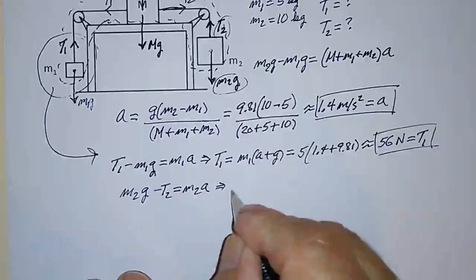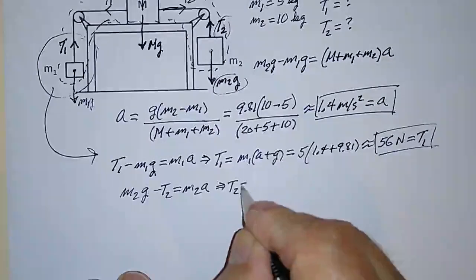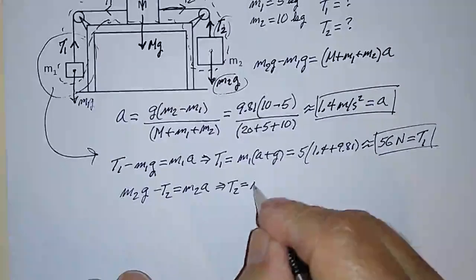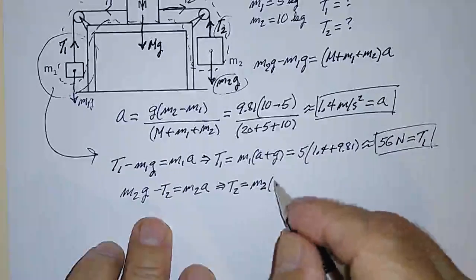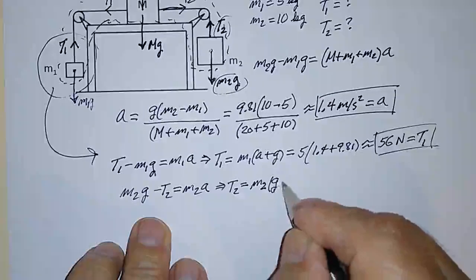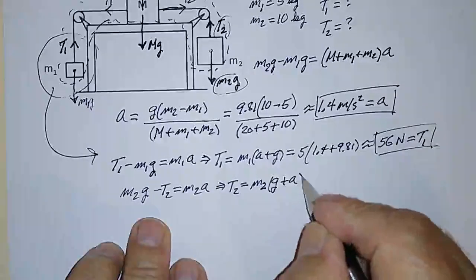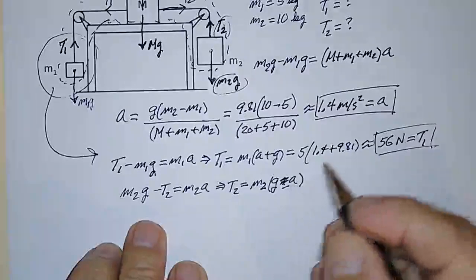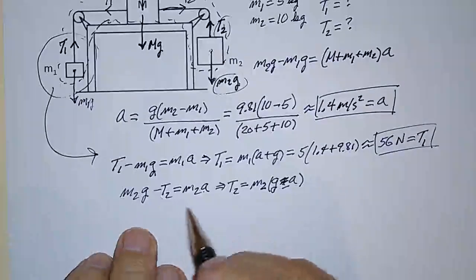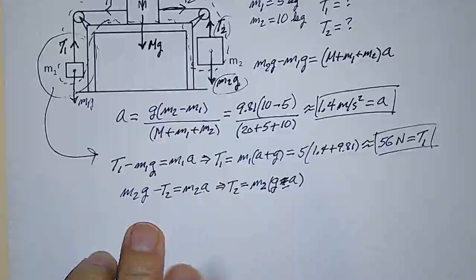So this means T2 is equal to m2 times (g minus a). I moved a over to this side and T2 over to the other side.